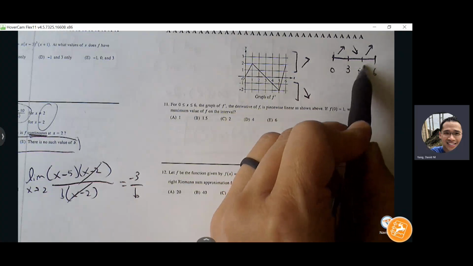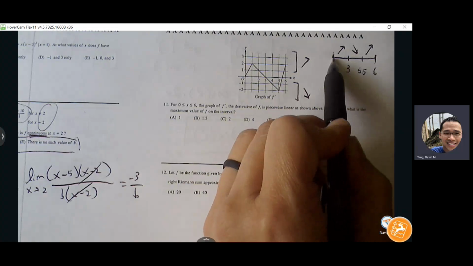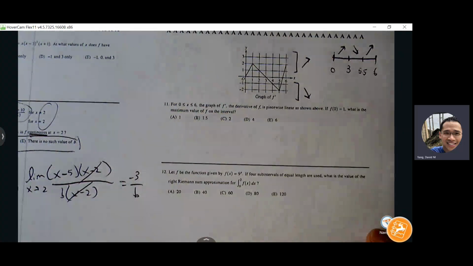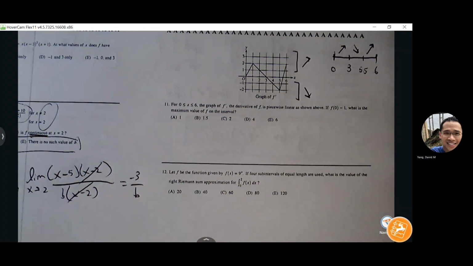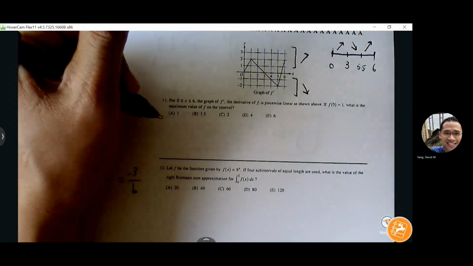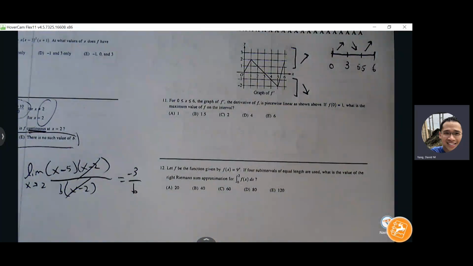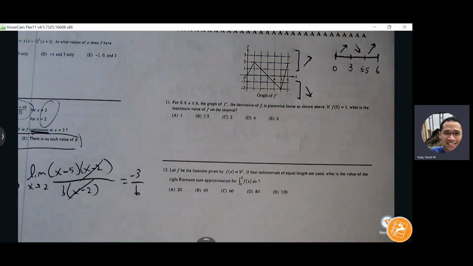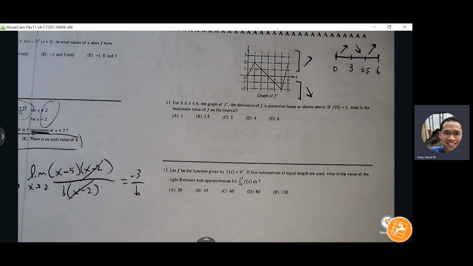Because I know relative min can't be, right? And if I'm rising to get to 3, I know 0 can't be either. So I know f of 0 is 1. Okay, so if I can find f of 3 and f of 6, I can just compare those to see which one will give me the maximum value.